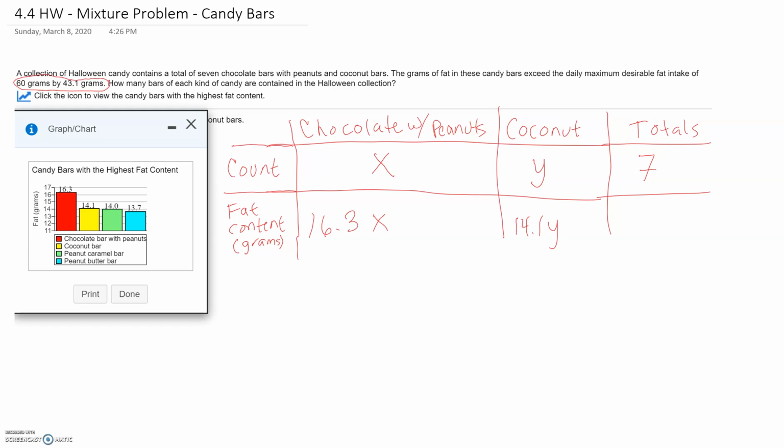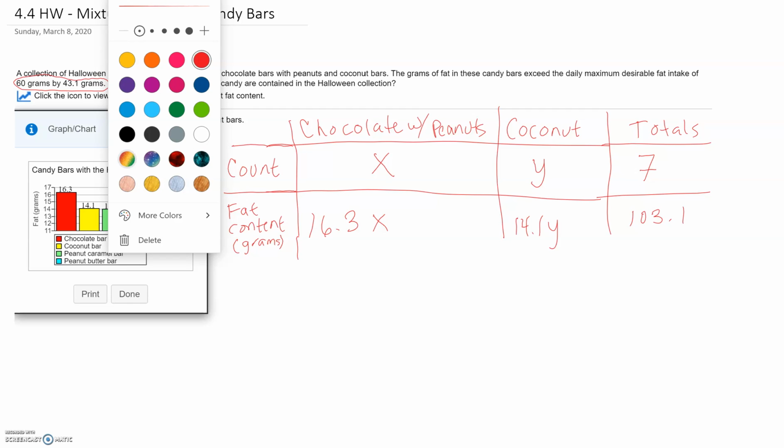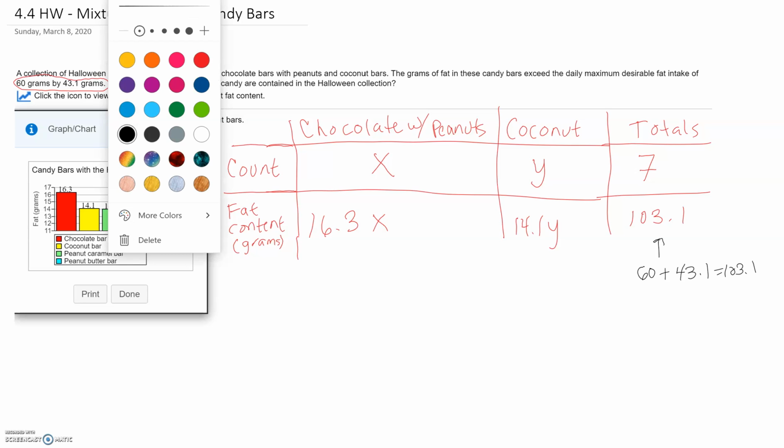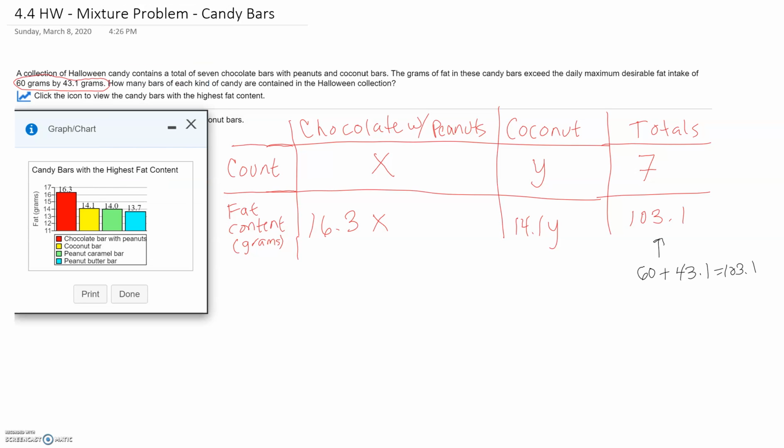So this ends up being 103.1. Just a little side note on that one: that comes from the total recommended plus the exceeding by 43.1. So that's where we're getting that 103.1. All right, so that's what I would do to just get started on my table.